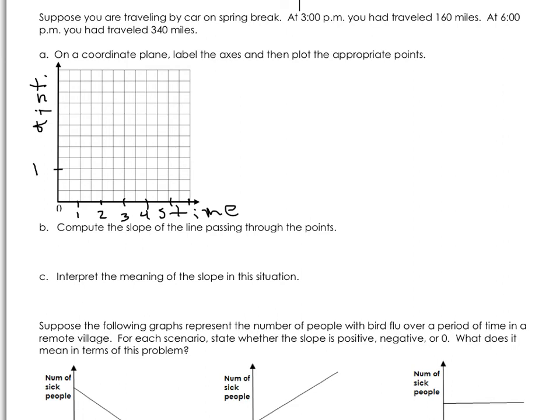So how about we let 3 blocks be 100? 200, that one's 300, and then the top one is 400. So we need to plot the point (3, 160), and (6, 340).